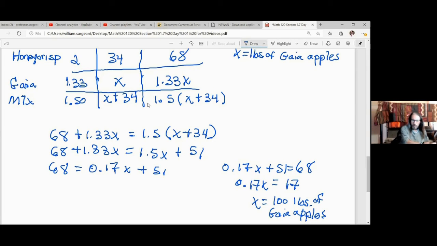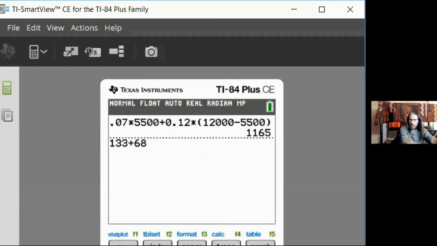And as a check, 1.33 times 100 is going to be 133. And we already knew that we're getting a revenue of $68 from the Honeycrisp. So if they were sold alone, we'd have this for a total.